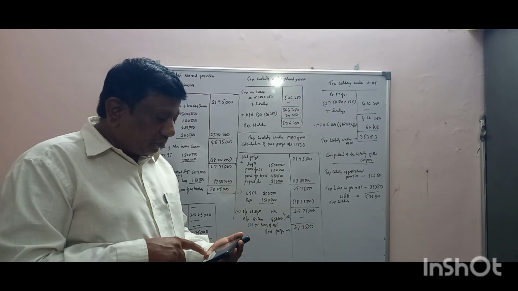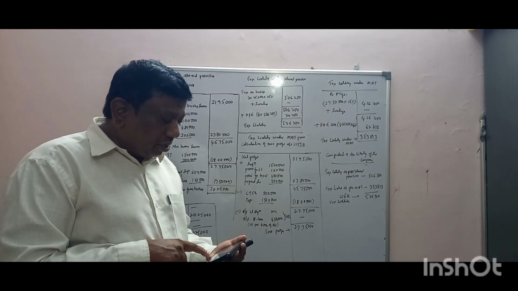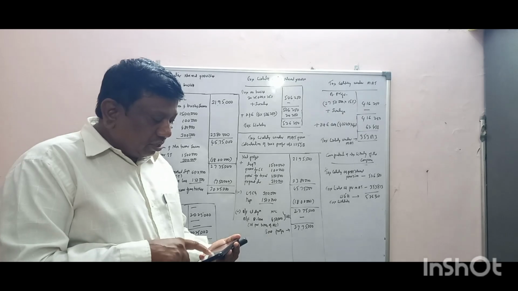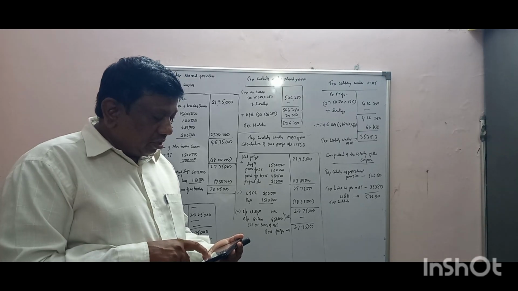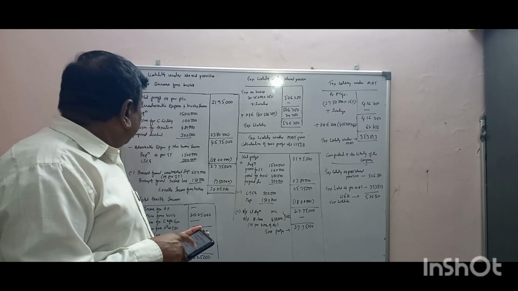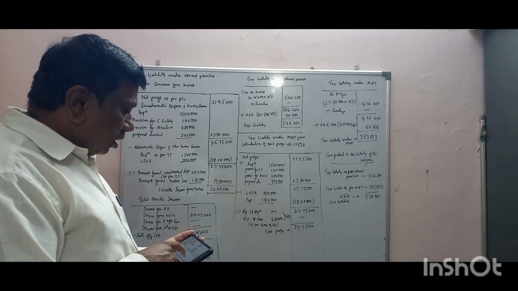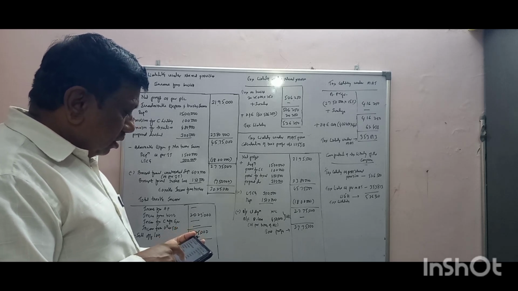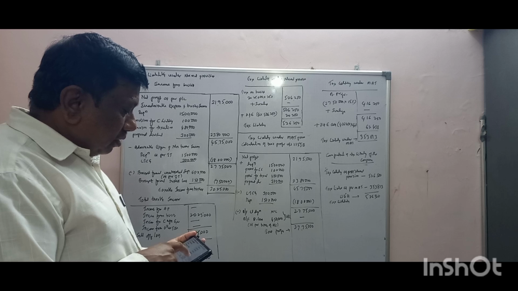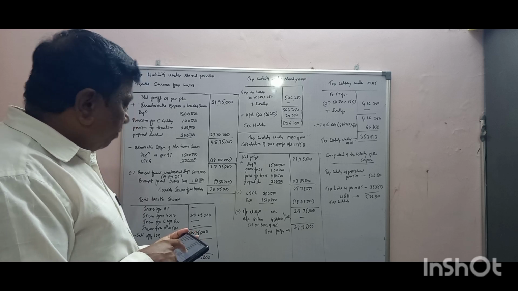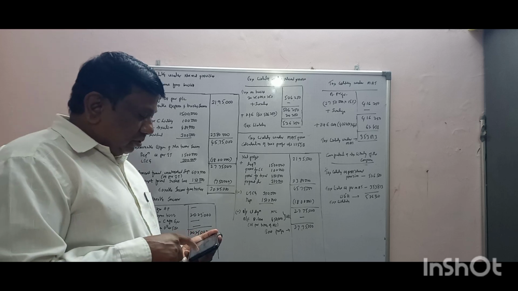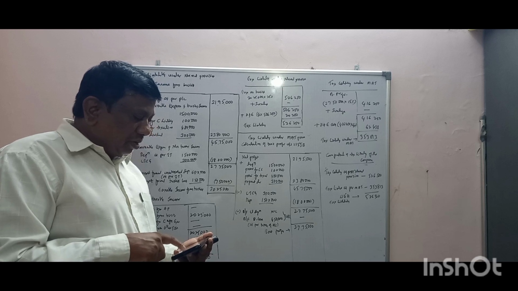Here, the amount of depreciation admissible under the IT Act is given. Some of this is not given, so we'll treat both the same. Depreciation 15 lakh, the amount of depreciation admissible under the IT Act.